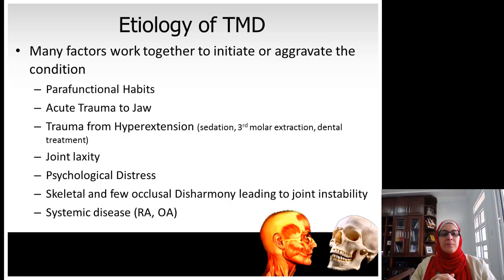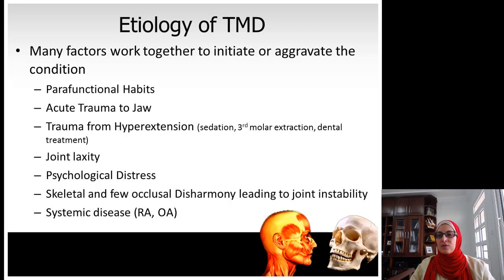And for other people, they are not clenchers, and they never had a trauma, but still they have a joint problem, sometimes because there is a problem in the joint itself. One of these problems is joint laxity, which means that this person has hypermobile joints, and the jaw can open or stretch more than it should, and this would induce trauma to the joint.